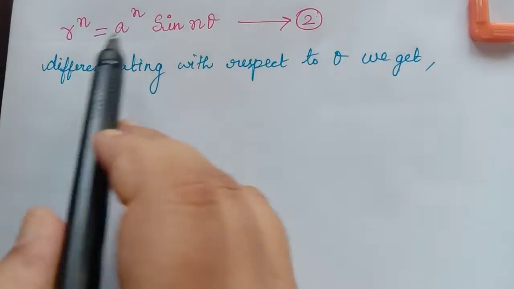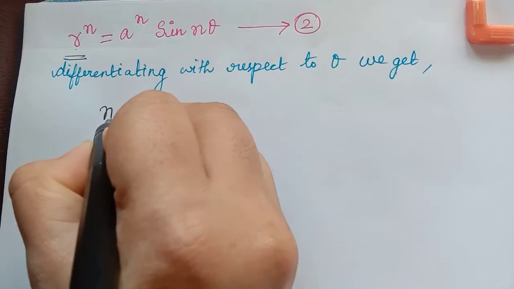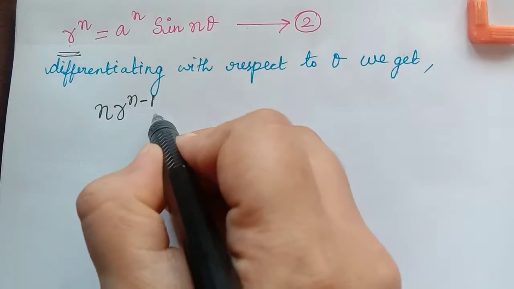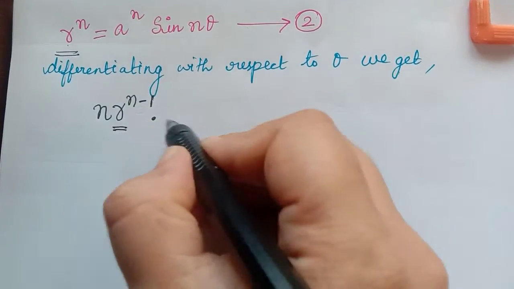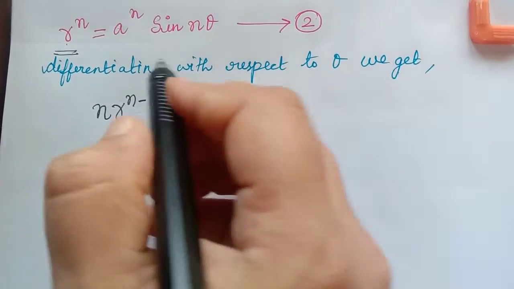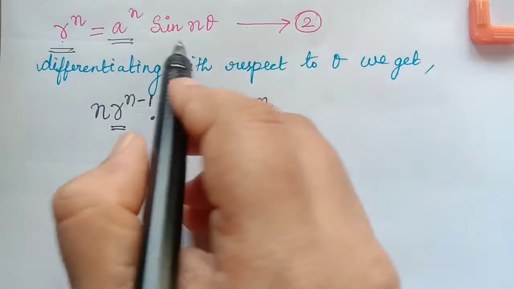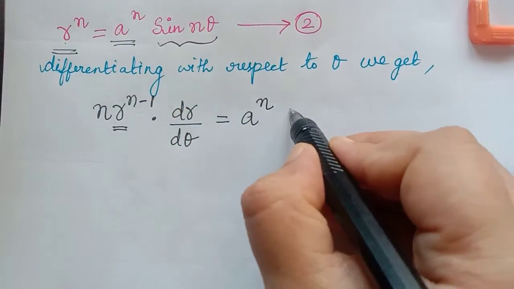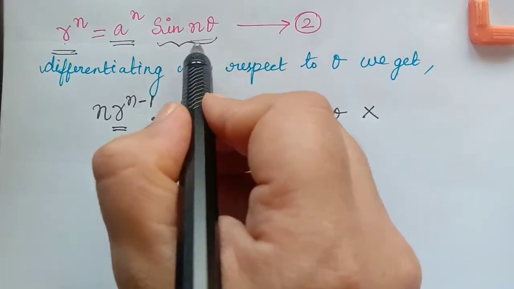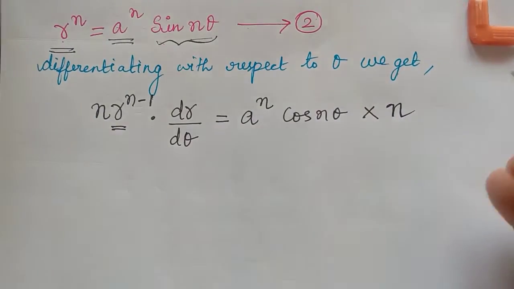On the left we have r to the power n, which when differentiated becomes n r to the power n minus 1, and using the chain rule we should differentiate r again, which is dr by d theta, and that is equal to, on the right, a to the power n is a constant, so it comes as it is, and the differentiation of sin n theta is cos n theta multiplied with the differentiation of n theta. The differentiation of theta is 1, so n multiplied with 1, and so we have n.